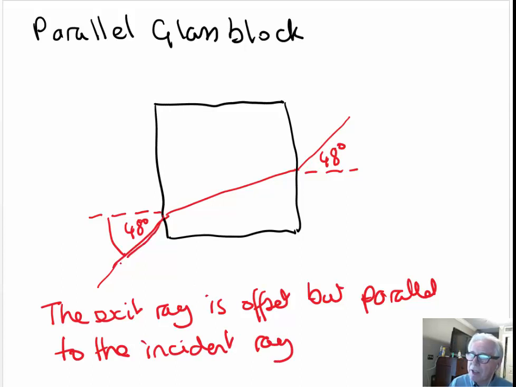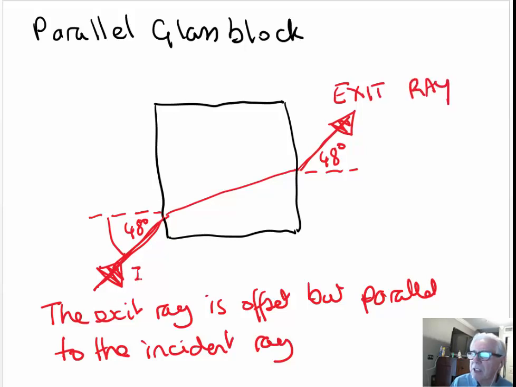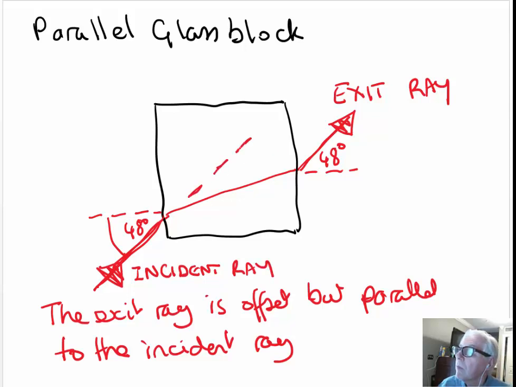The ray that's approaching and the ray that's leaving, the exit ray, is parallel and offset to the incident ray. And I can kind of show that if I act together. They're parallel to each other. Offset but parallel. That's kind of interesting.